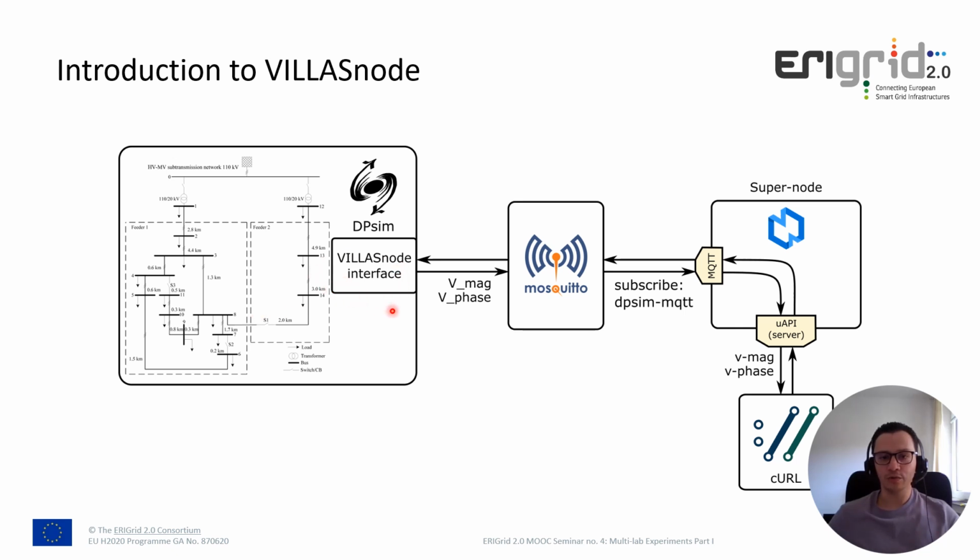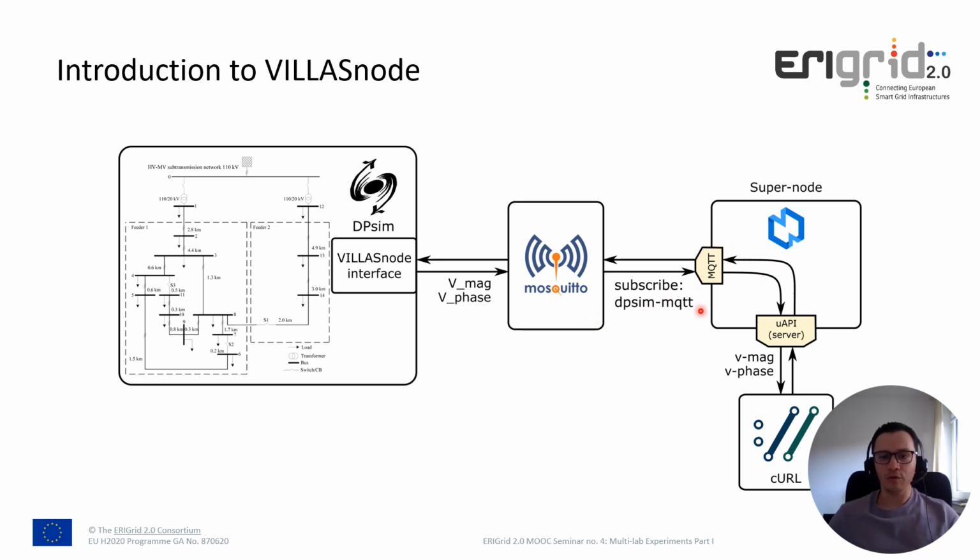We are going to send the bus voltages and phases using the VILLAS Node interface, which is going to publish data on a specific MQTT topic, and in turn these samples are going to be read by VILLAS Node. In this case, VILLAS Node subscribes to the corresponding topic.